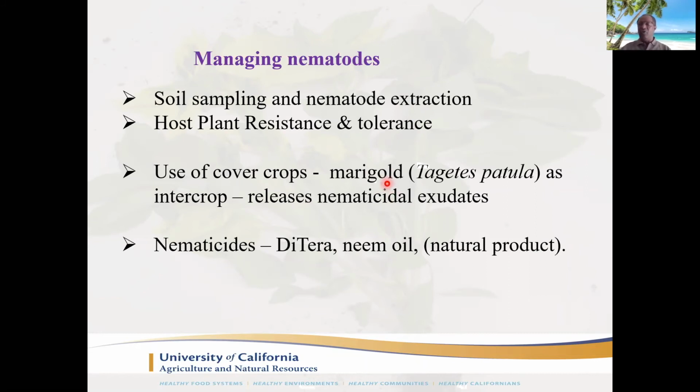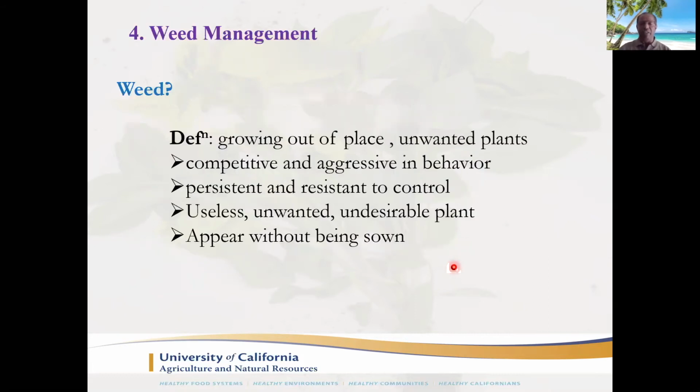Okay, so you can plant them as intercrops, or when they are matured, you can chop and incorporate them into your garden area. Okay, all right, nematicides. Look at this. Neem oil is not only insecticidal, but it is also nematicidal. Okay, those can be used.